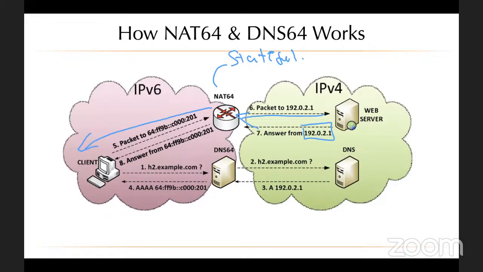Because the client is v6 only, and then it's trying to connect to the v4 only server. So it sends a DNS query. But if the application does not send a DNS query, it means that this whole procedure is not going to work. And we'll see improvements to what have been done to make this usable.